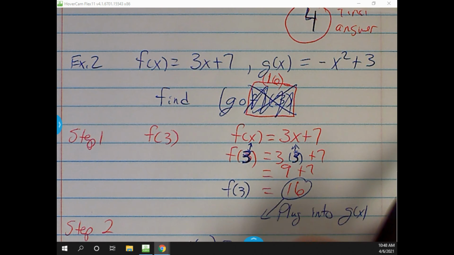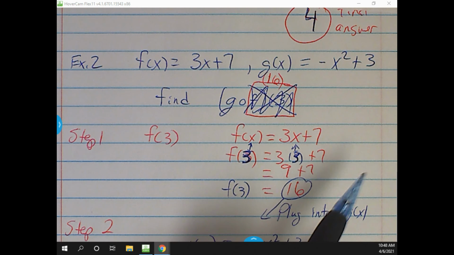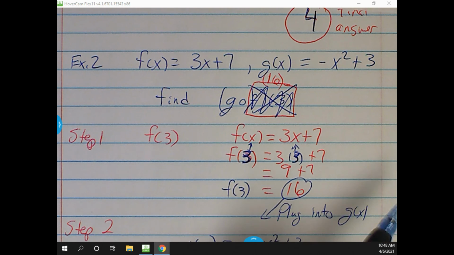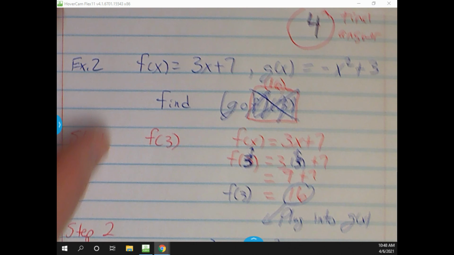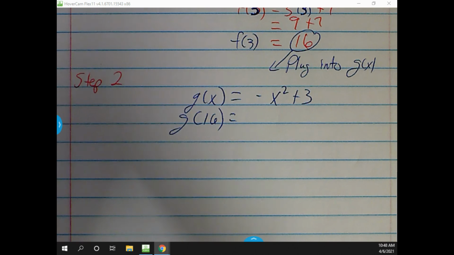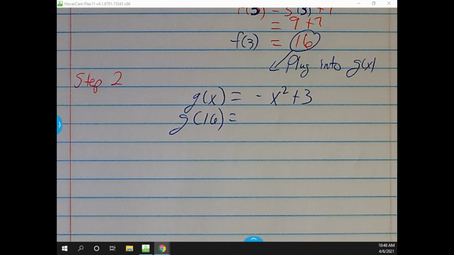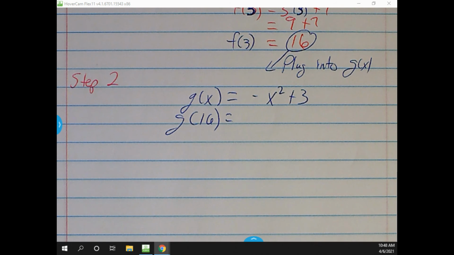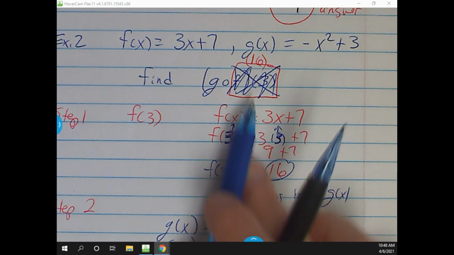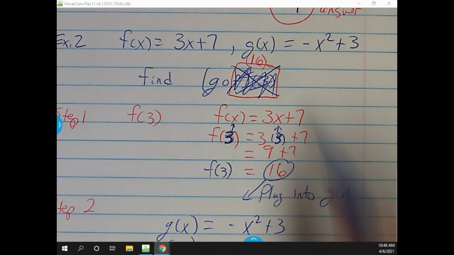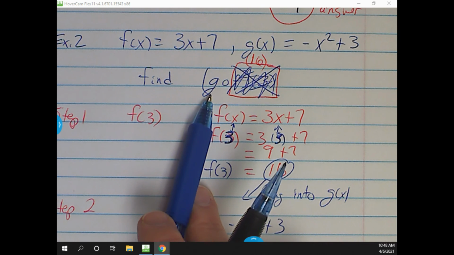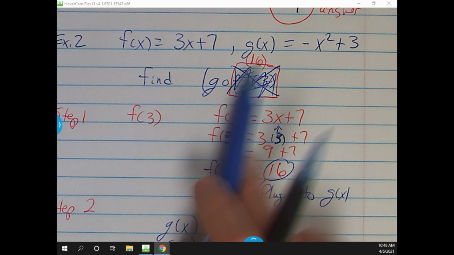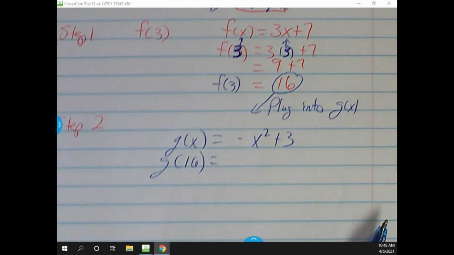So g of x is negative x squared plus 3, and we've got to find g of 16. Okay, because once we did the f of 3, now this part is gone. It's out of the way. The only thing left then is g. So we're going to take this 16 we've got and plug it into the g function.